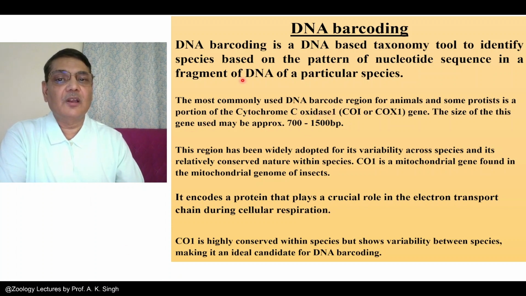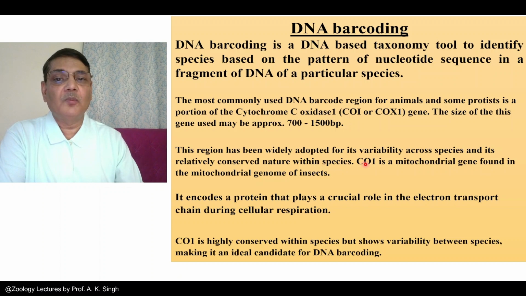This is of importance, that particularly the mitochondrial DNA, which encodes for cytochrome C oxidase 1, that is COX-1 gene, is used. It is used for DNA barcoding. The size of this gene used may be approximately 700 to 1500 base pair. This region has been widely adopted for its variability across species and its relatively conserved nature within species.